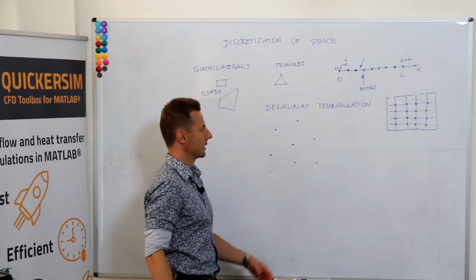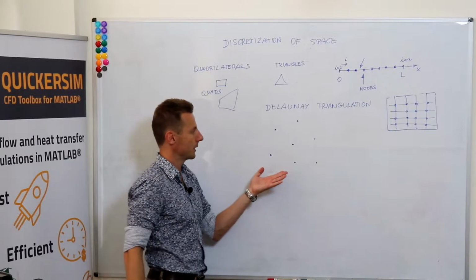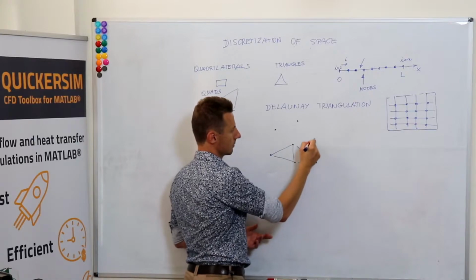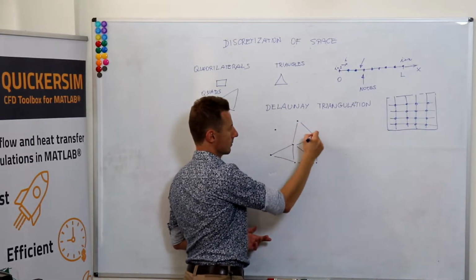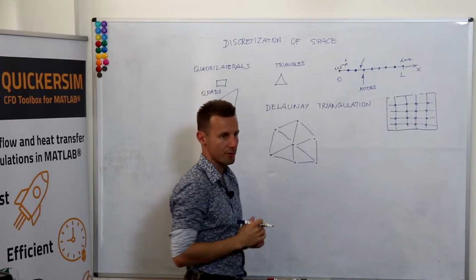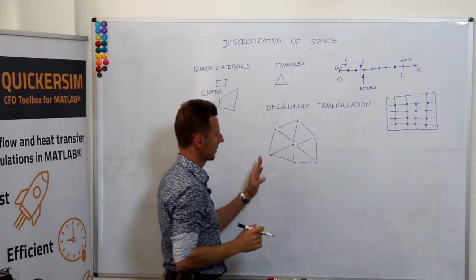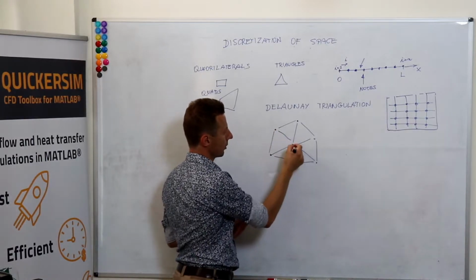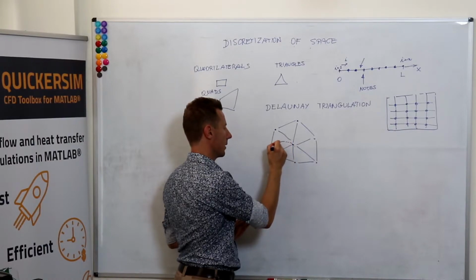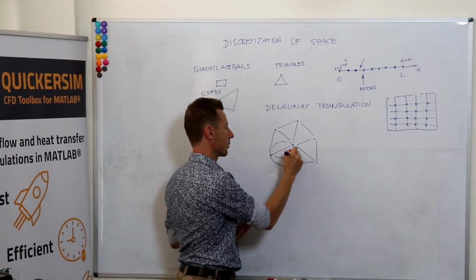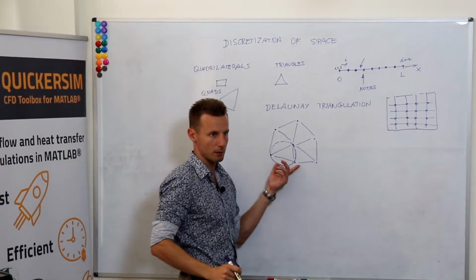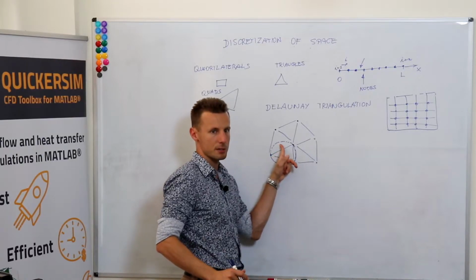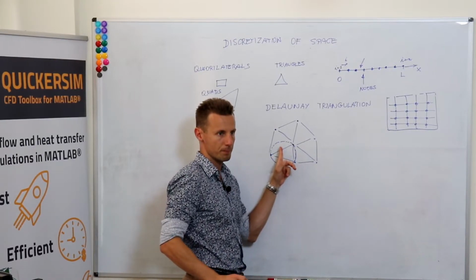What it does is, given a set of points, it generates triangles such that it's guaranteed that if you generate the circumcircles for each of the triangles, there will be no point lying inside of any circumcircle. Okay?